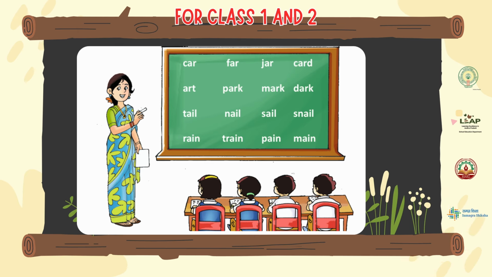Now, my dear children, it's time to learn some more new words in the textbook under practice time. You can see the new words on screen. Now, I will say the word aloud. Repeat after me. So, let us start. First one is car.